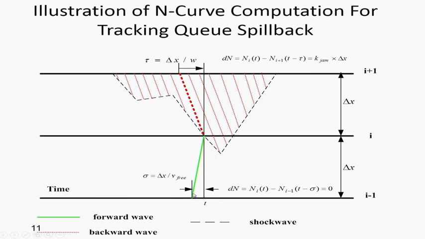We can send the vehicles along the green wave. This green wave is the speed limit. And if you have any congestion from the downstream segment or from the downstream node, at node I plus 1, then you can see a set of backward waves.